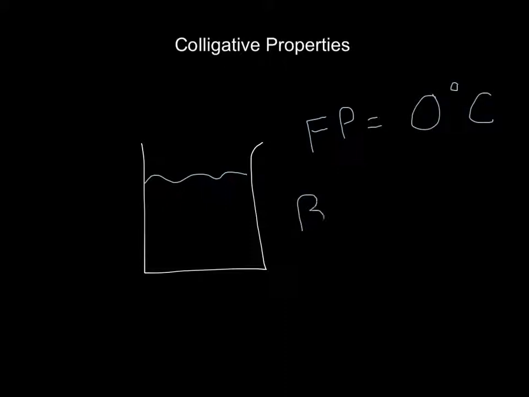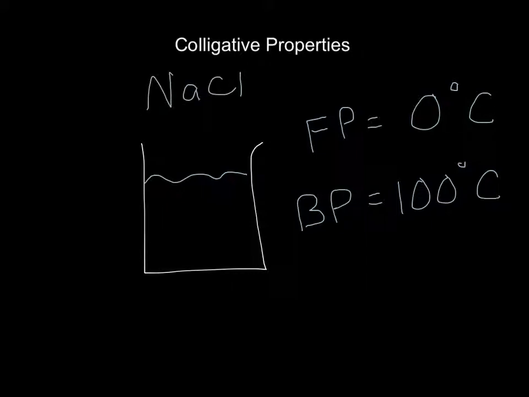It would have a boiling point of 100 degrees Celsius. But if we add something to that beaker, say salt, that salt hits the beaker and it dissolves into sodium and chlorine ions. And because there's a solute in the water now, the freezing point and the boiling point will change.